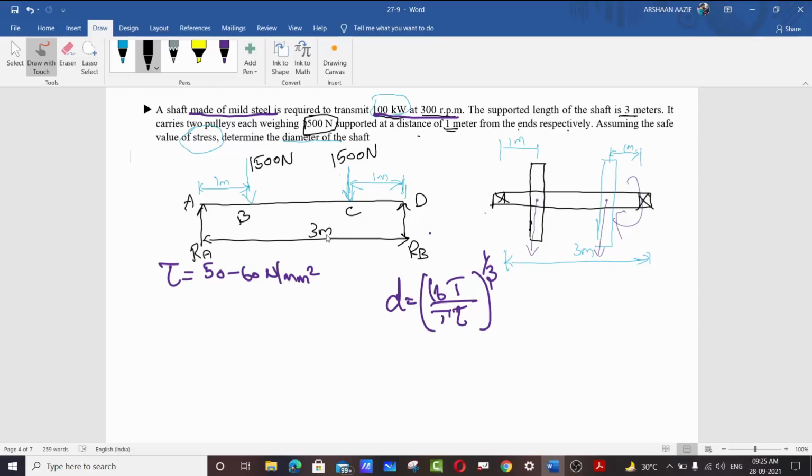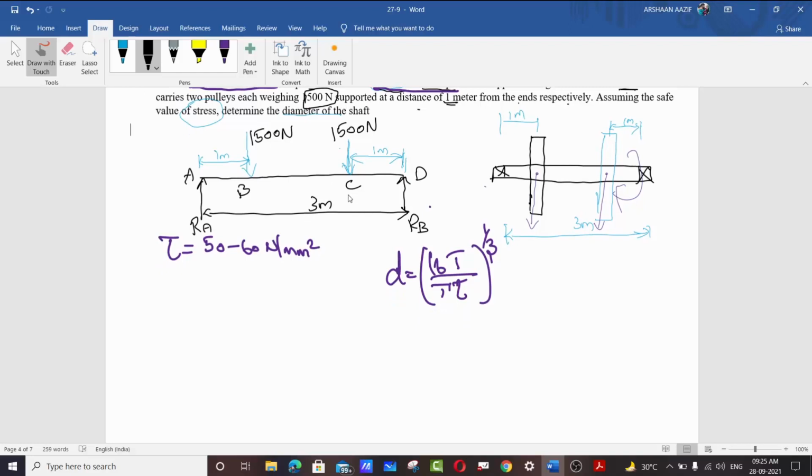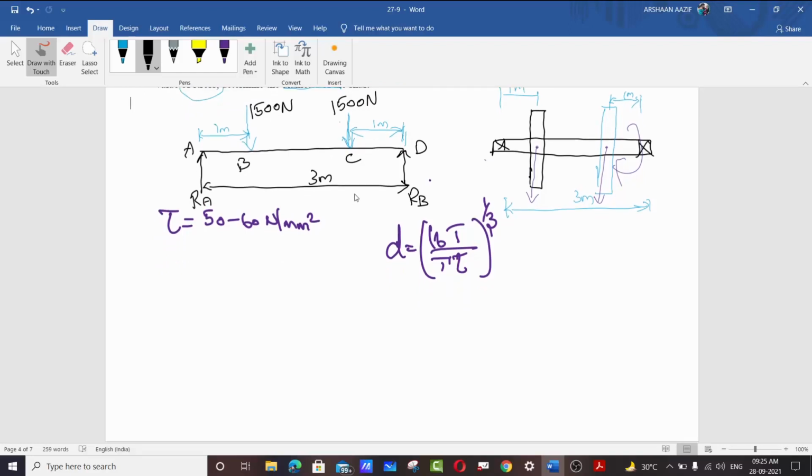Now by recollecting the concepts you have learned in engineering mechanics and strength of materials, if you take this load diagram, we have a downward load acting at B and at C. So the total load, sigma V equal to 0.